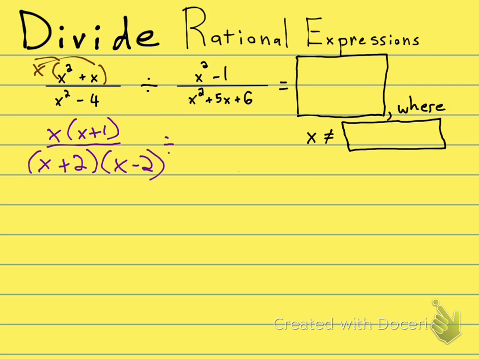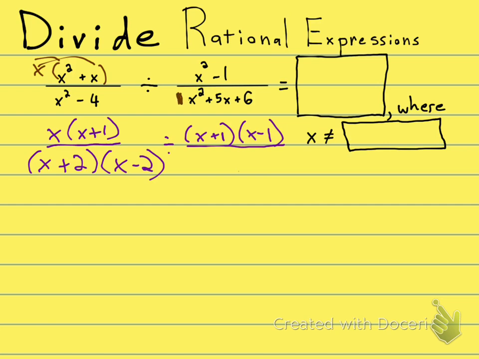All right, we're going to divide by, let's factor this. We have another difference of two squares up here, x squared minus 1, so that's going to be conjugates again, x plus 1, x minus 1. And then down here is what I call an easy one, because it starts with the number 1.